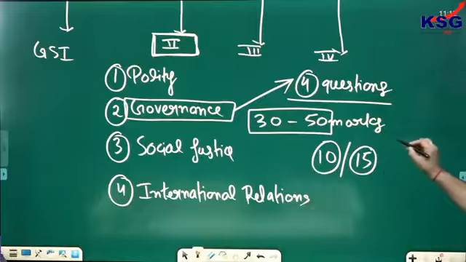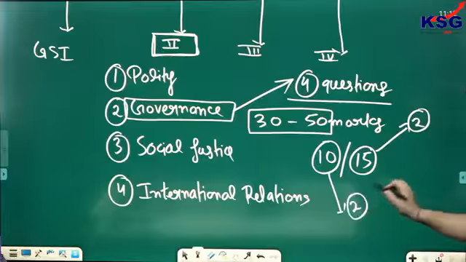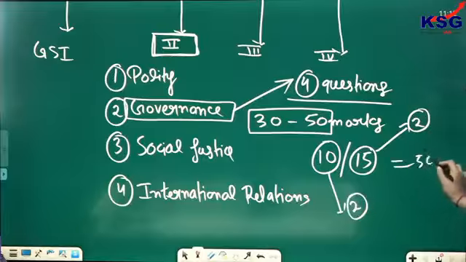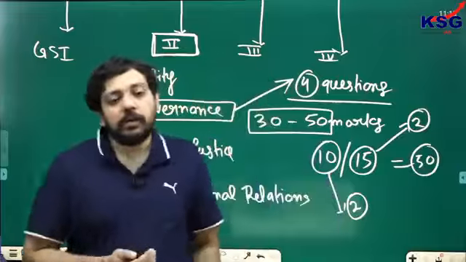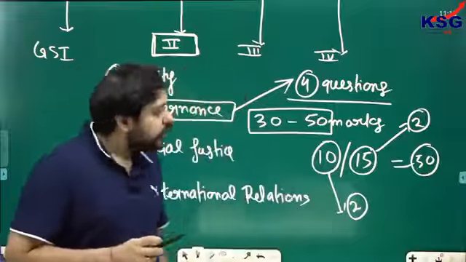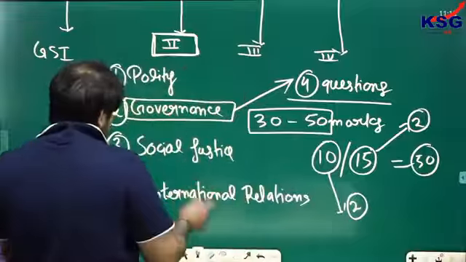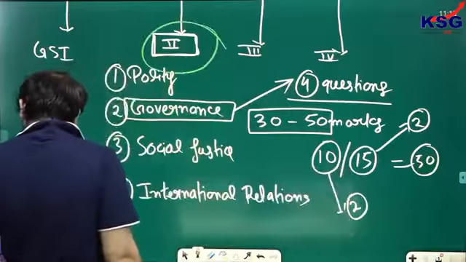If there are 2 questions from the 15 mark range and 2 questions from the 10 mark range, then you have a total of 50 marks. So this is the target that we are locking for ourselves in terms of understanding how this particular part has to develop clearly. Okay, right? So this is where we are understanding this point about governance.